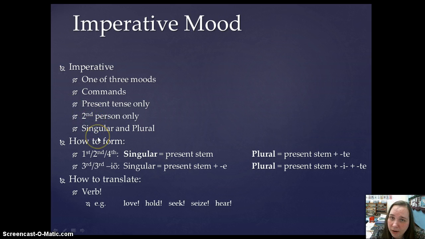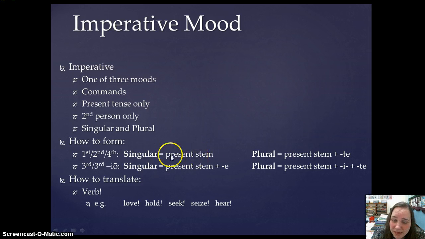You form the imperative mood one way for first, second, and fourth conjugations, and a different way for the third and third IO, okay? So, for the first, second, and fourth conjugations, the present singular imperative is the present stem.